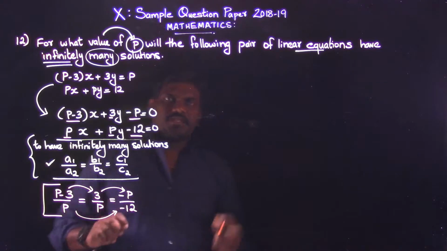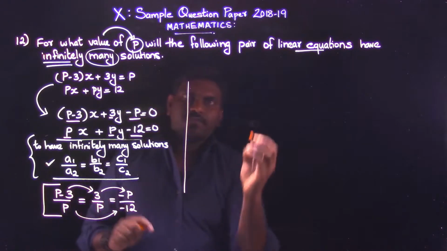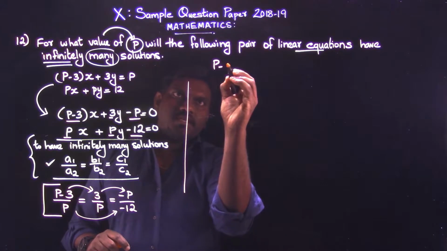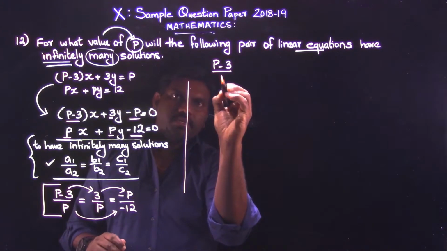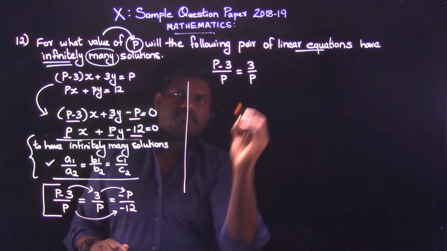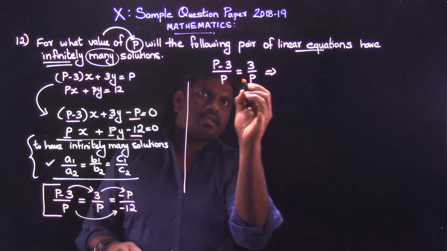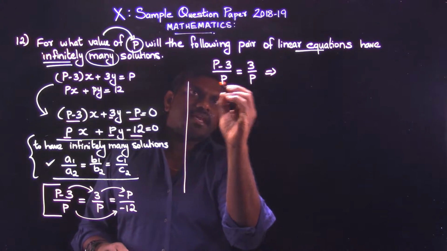Okay, fine, let me see. The first one, we are taking the first two. So P minus 3 by P is equal to 3 by P. Fine, I took these two together. From here, P and P could be cancelled.